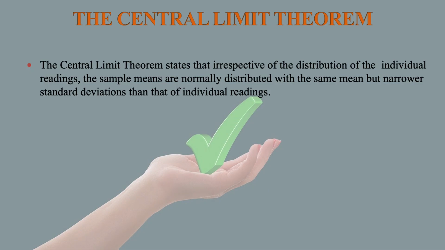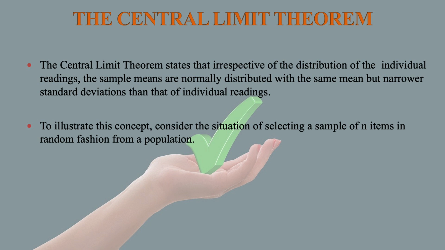The central limit theorem. The central limit theorem states that irrespective of the distribution of the individual readings, the sample means are normally distributed with the same mean but narrower standard deviations than that of individual readings. To illustrate this concept, consider selecting a sample of n items in random fashion from a population.